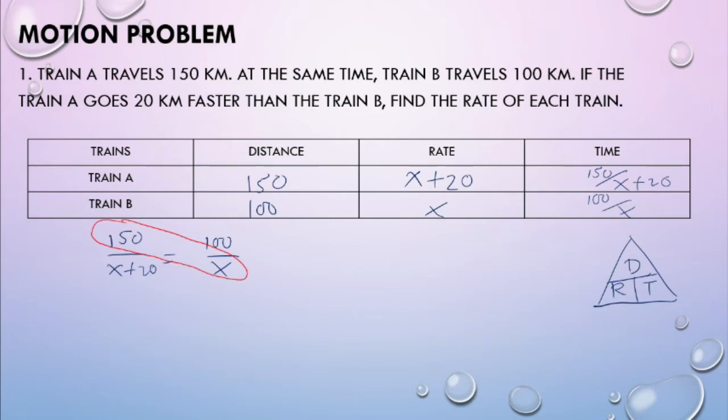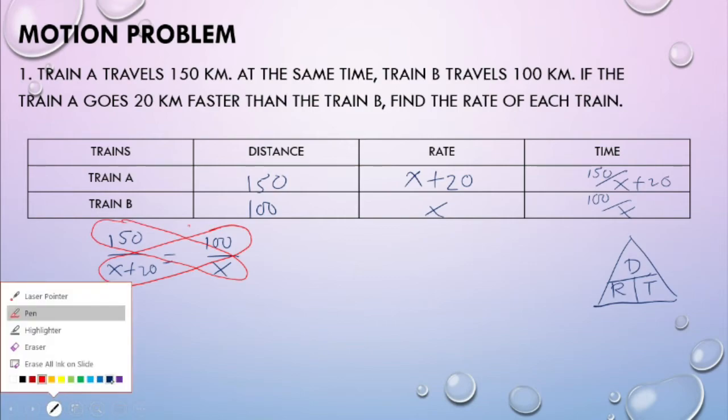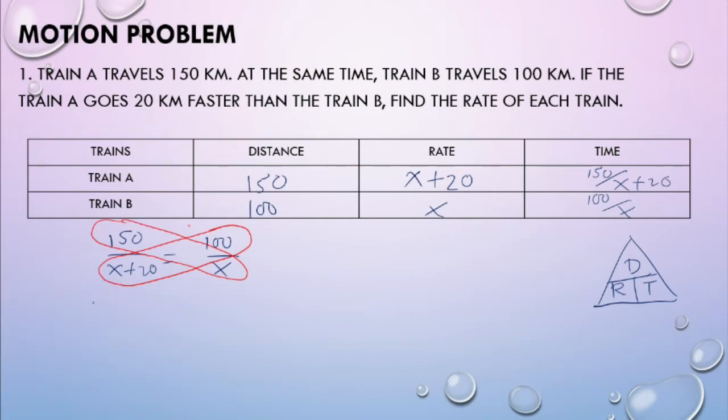Okay? So, 150 times X, then 100 times X plus 20. So, this will become 150X, then 100 times X is 100X, 100 times 20 is 2,000. Okay? Then, simplify natin. We can just move 100x on the left side, then change the sign.